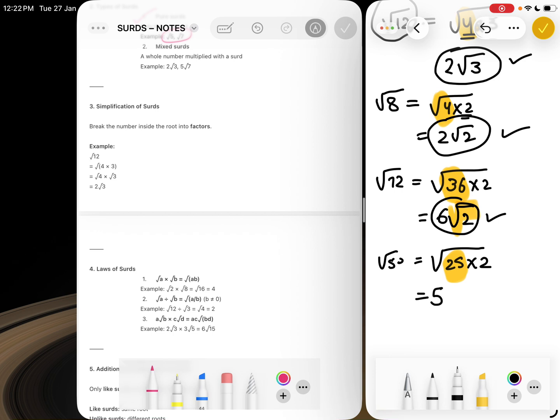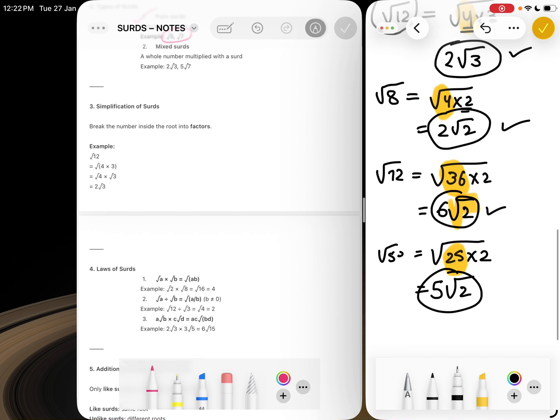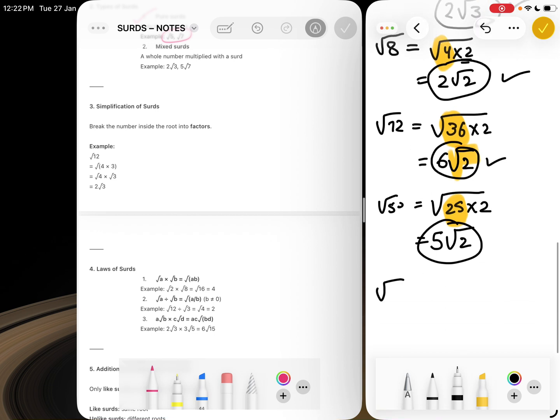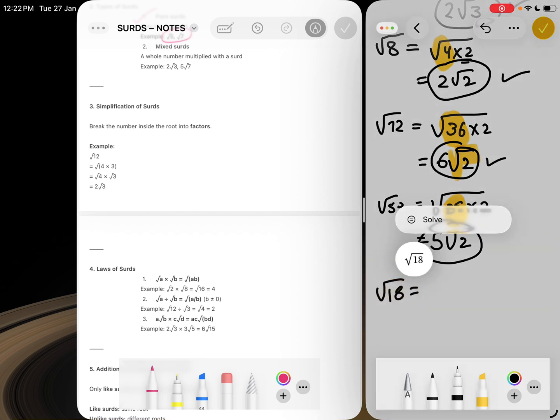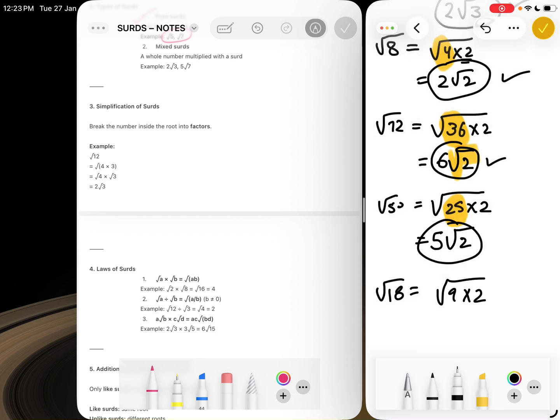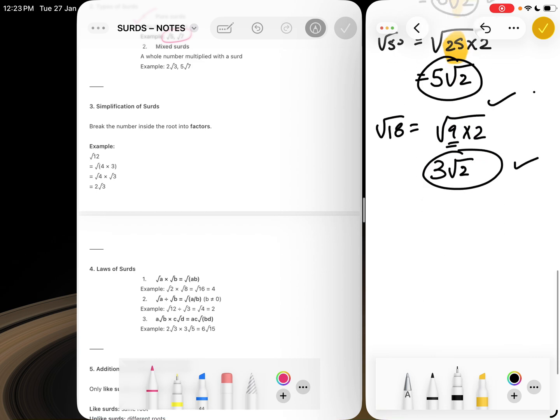So 5 remains outside and this is root 2, right? Then let's take another one, 18. I can say root of 9 into 2 is 18, correct? 9 is a square, right? Root 9 is 3. So 3 root 2. Okay, are you getting it? So this is how we can do it.